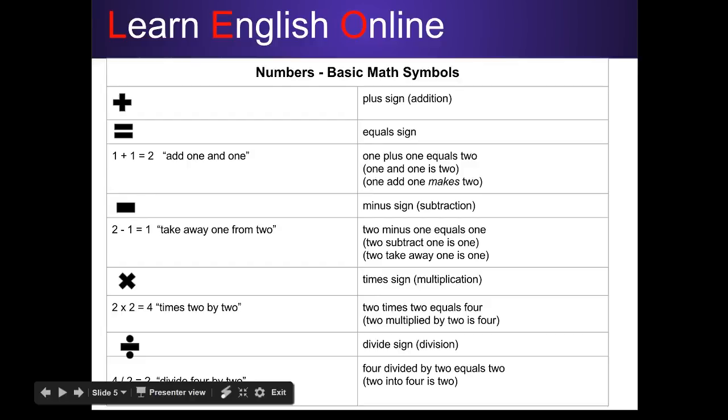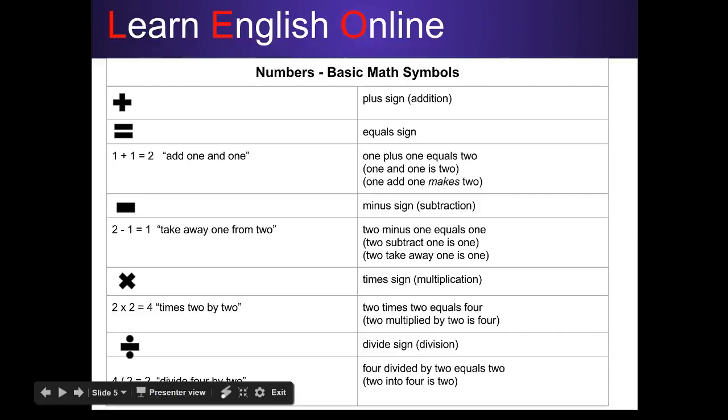Normal people, I know mathematics teachers are normal really, or are they? Anyway, normal people, every day, we might say is. We might say plus, we might say and, we might say add.